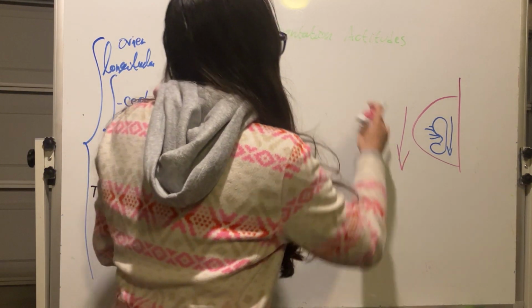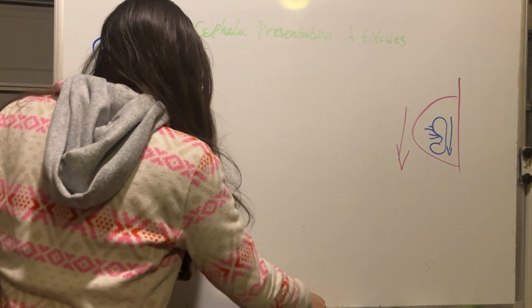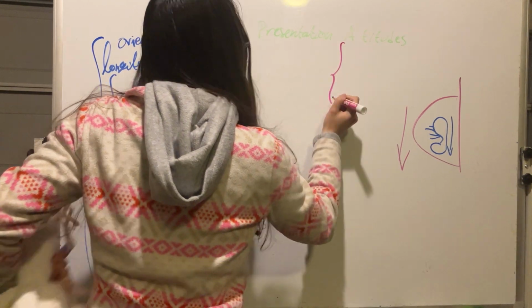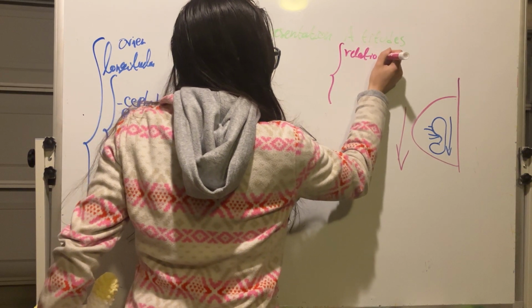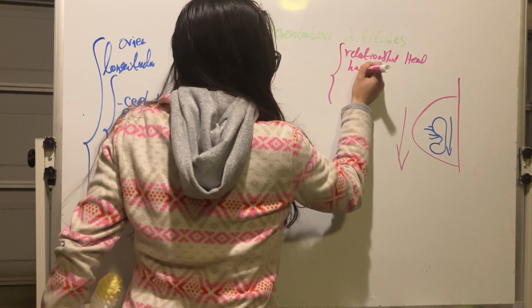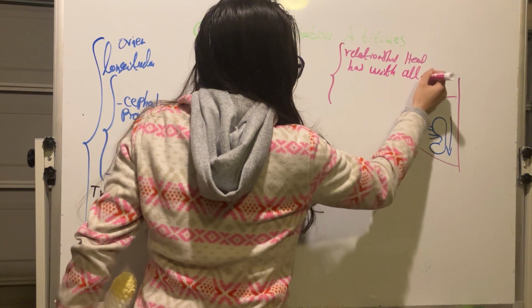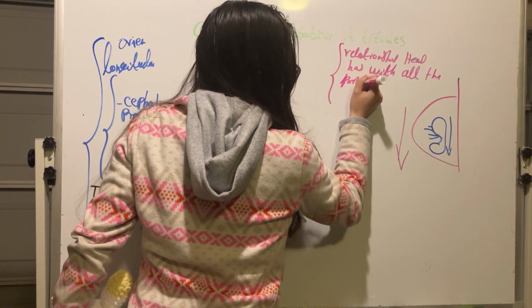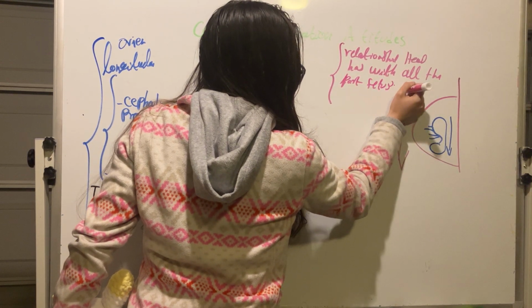So this is what we are going to call attitudes. Let's say attitude is going to be the relationship that the head has with all the other parts of the body of the fetus, all the parts of the fetus's body.